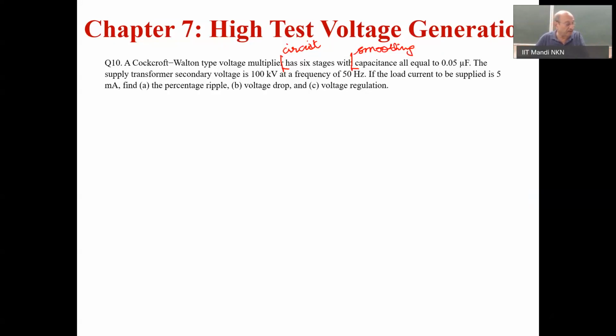You know that delta U, what is delta U? The main thing here is that this Cockcroft-Walton voltage circuit has 6 stages.